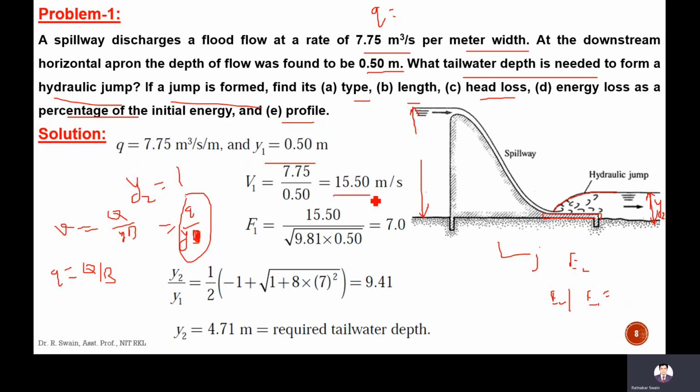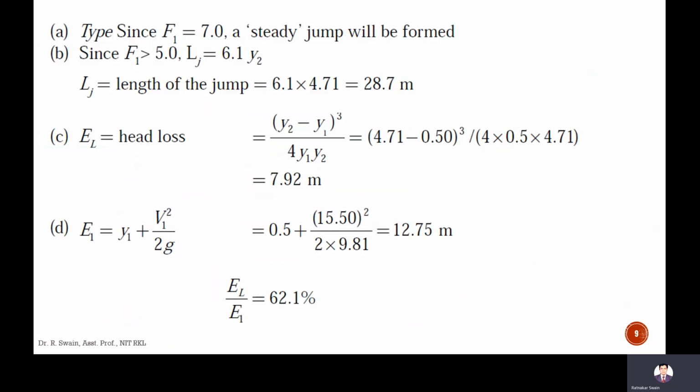15.5 meter per second. F1, the Froude number before the jump, is calculated using the formula V1 divided by square root of g Y1. It is found that it is 7. So Y2 by Y1.